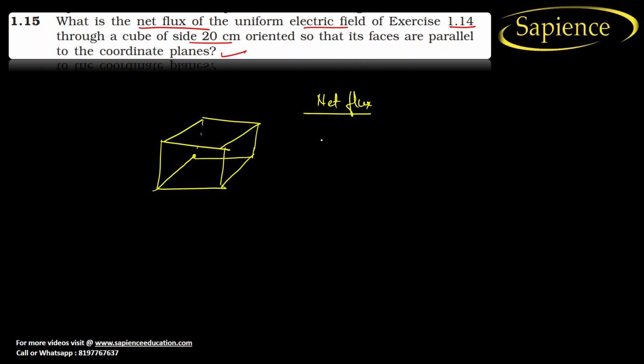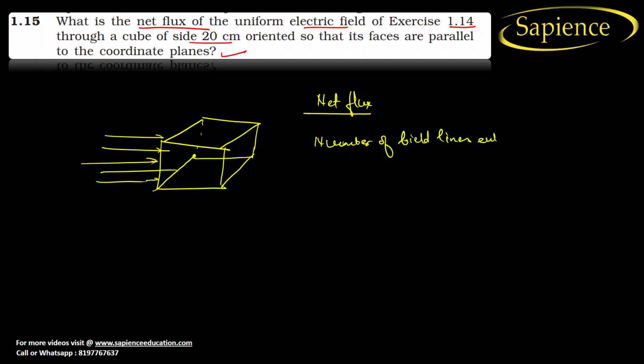Before that we need to know the number of field lines. Let us suppose the number of field lines like this, from any side it will go in. The number of field lines entering will be equal to the number of field lines piercing out, right?